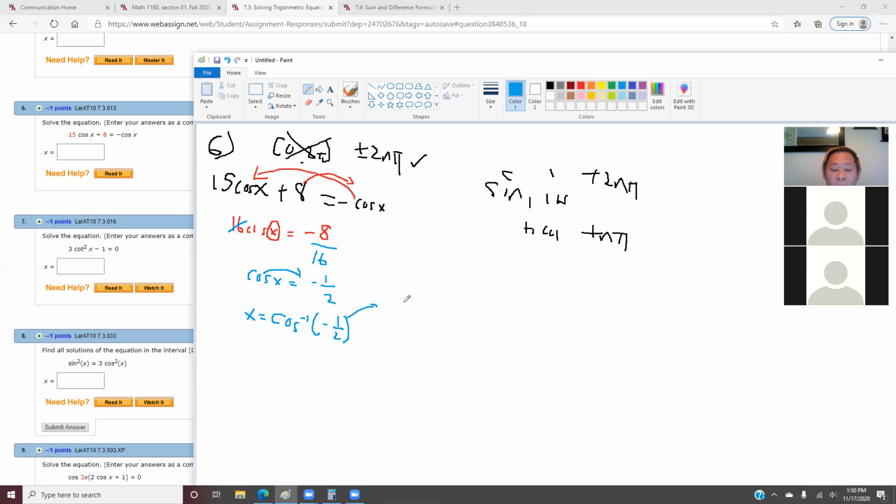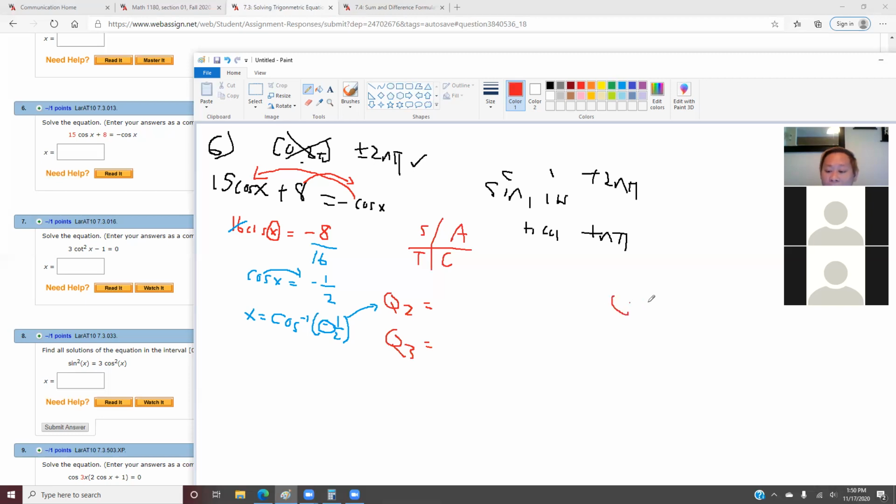So can you tell me in what quadrants cosine is negative? It's negative in quadrant 2, right? And also 3. Very good.